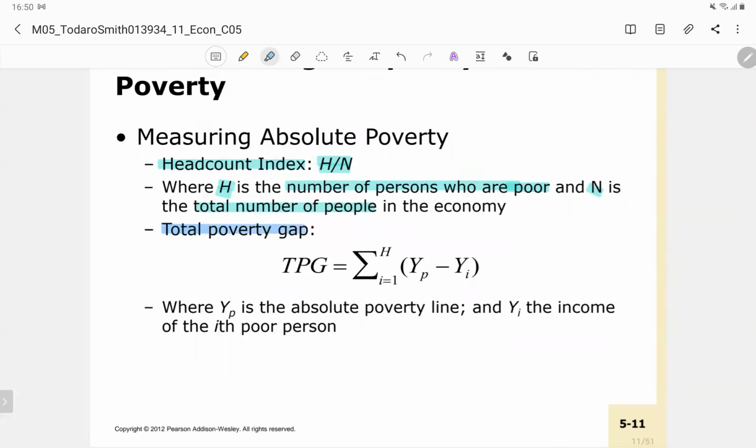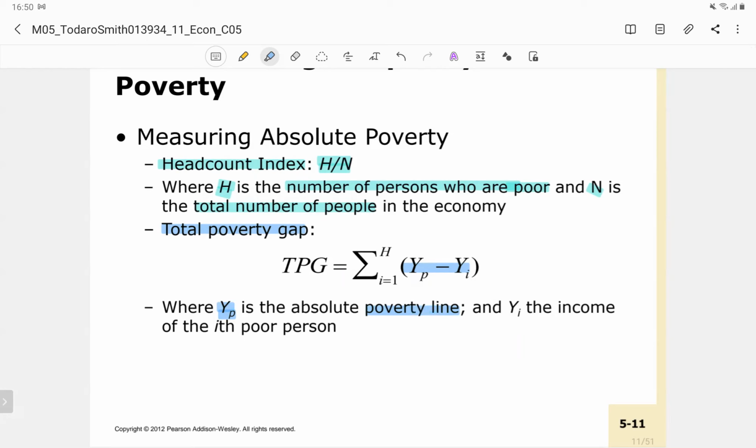The poverty gap, you calculate it by sigma H, the number of people who are poor, times YP minus YI, where YP here is the absolute poverty line. What does poverty line mean?